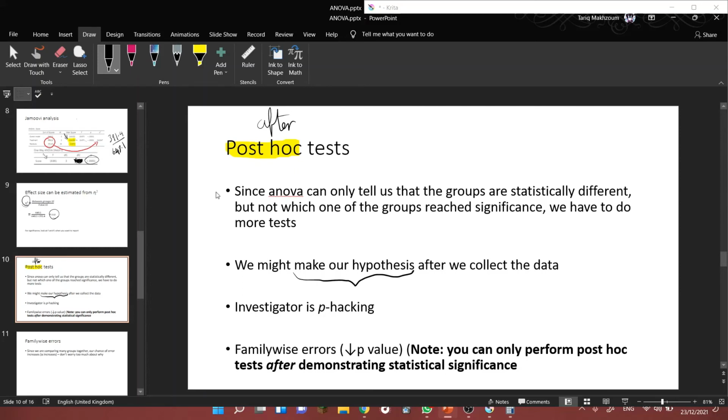Now the final reason why you might want a post hoc test, a third reason, is if you're p-hacking, right? Which sounds a lot cooler than it is. Basically, you're running a bunch of tests one after the other to try and get one that turns up to be statistically significant, right?